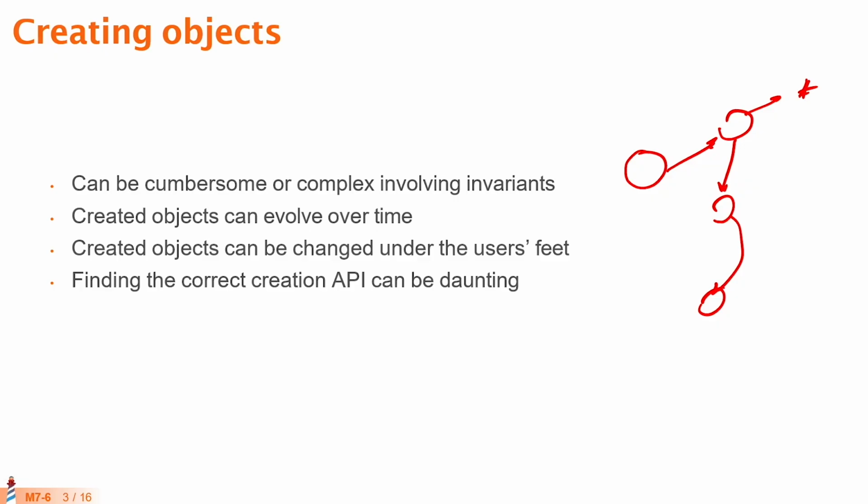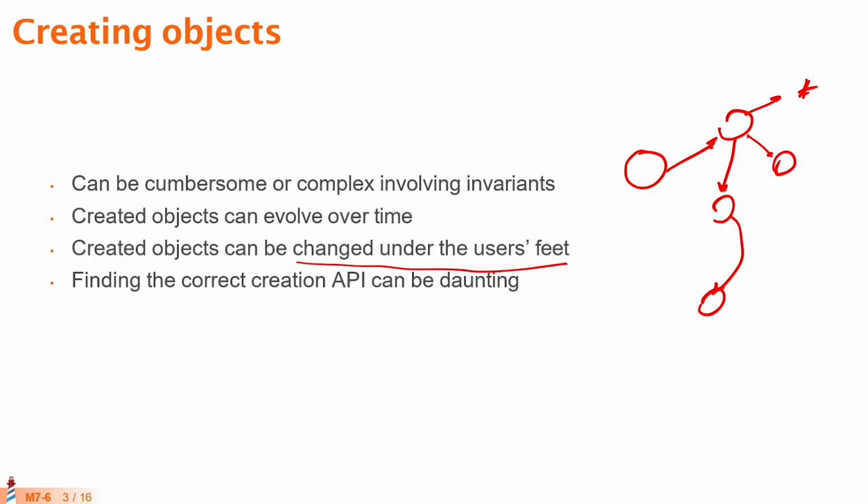Also, we want to encapsulate this creation from the user. So later, we can modify this graph of objects, adding new objects or adding variations in this graph without modifying the client. We want to change it under the user's feet.